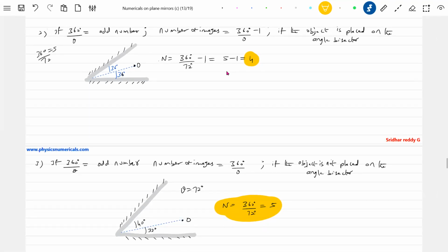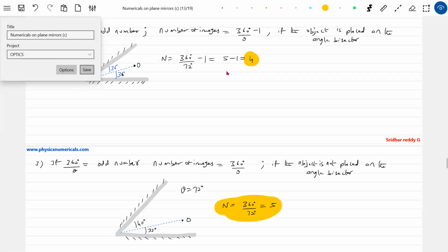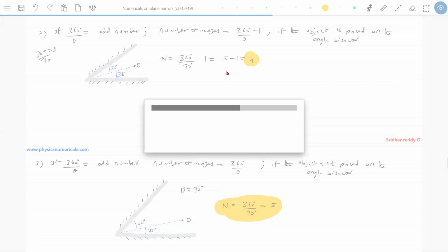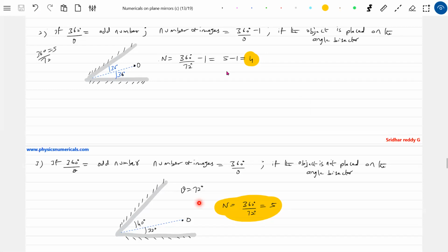So how can you say this? Draw a circle, and then conclude it. So when it becomes odd, you have to check whether the object is on the angle bisector or not. That matters a lot.